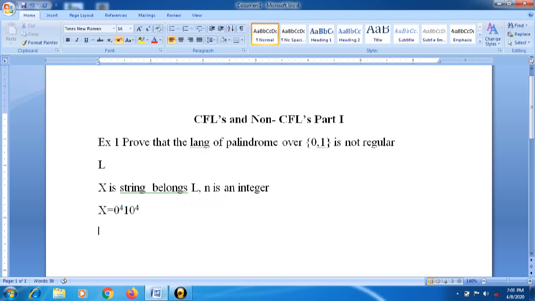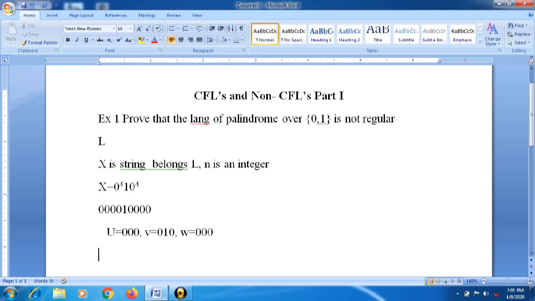So first we will divide it into three different parts: 4 zeros, 1, and again 4 zeros. Suppose we have considered u is equal to 3 zeros, then v is equal to 0, 1, 0 and w is equal to the remaining 3 zeros.